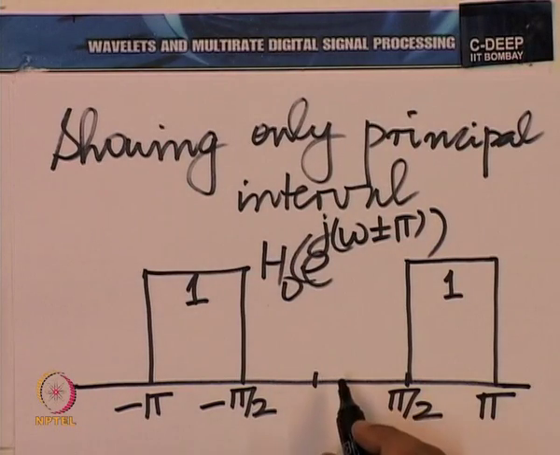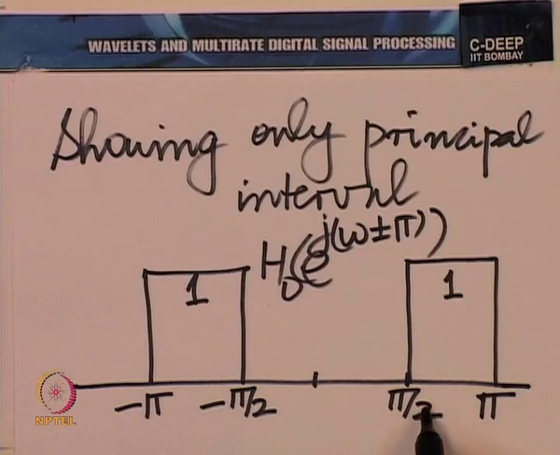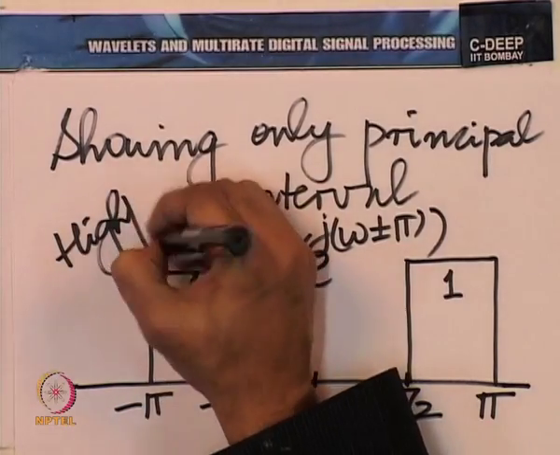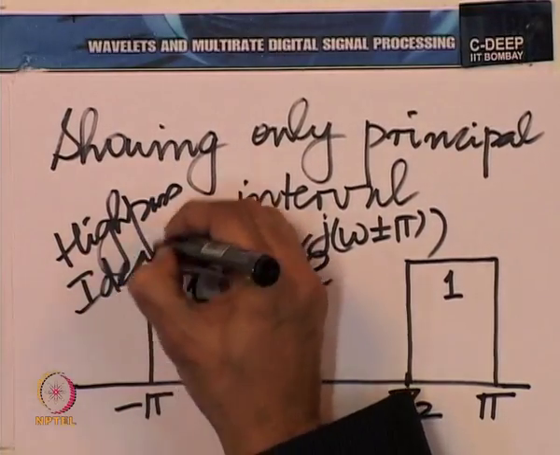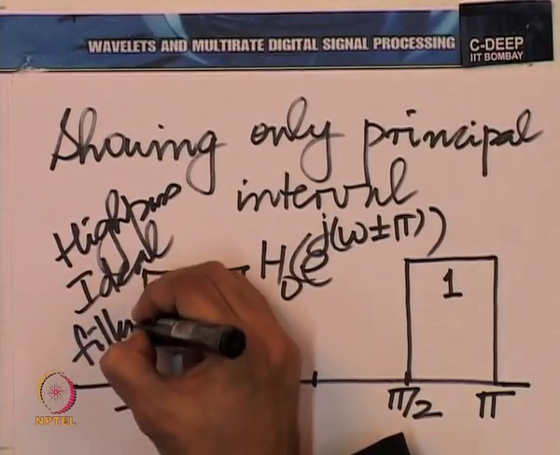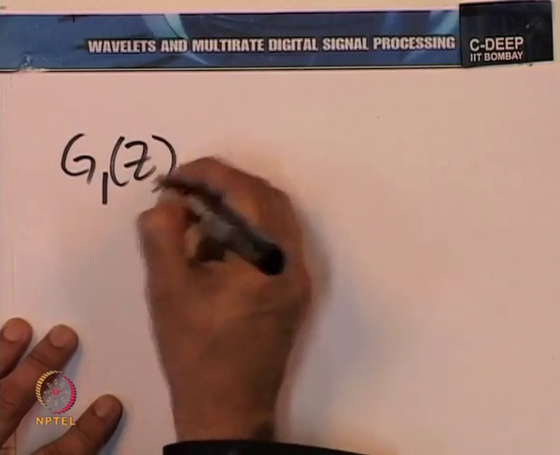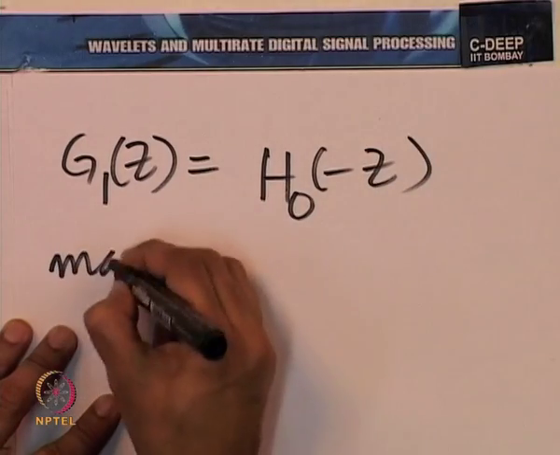Lo and behold, from a low pass filter with a cutoff of pi by 2, we have an ideal high pass filter, of course, again with a cutoff of pi by 2. So, this falls into place very well. In fact, the equation G 1 z is H 0 minus z makes a lot of sense.